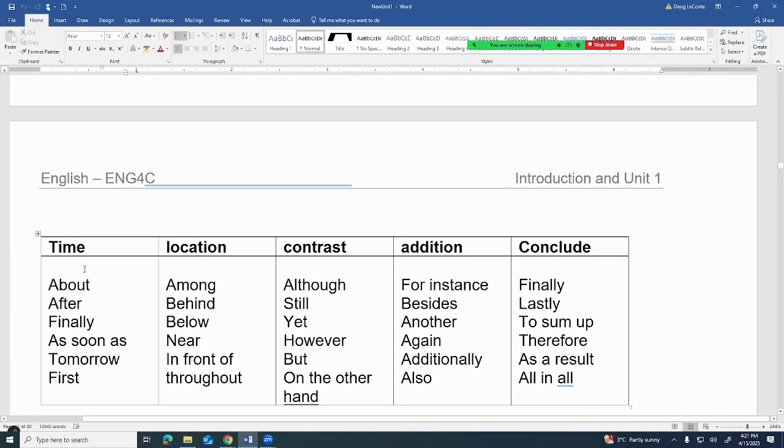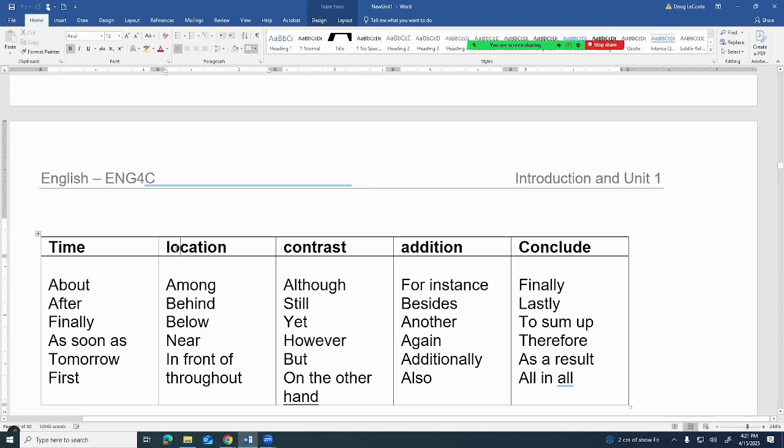Okay, so if we want to create a kind of sequential relationship of the different points in our paragraph, so this happened first, this happened second, this happened third, we could use these transitions: after, finally, as soon as, tomorrow, or first.